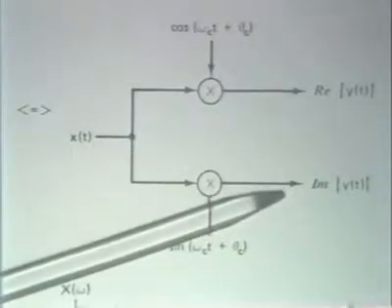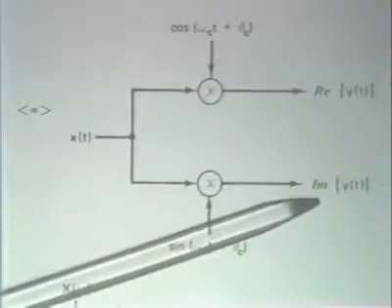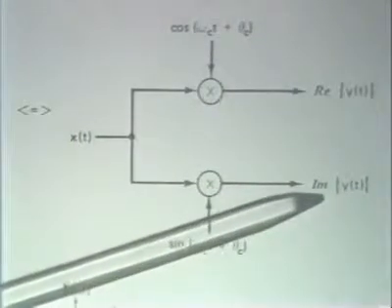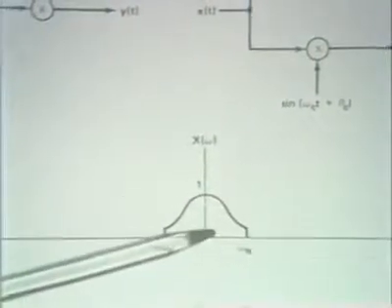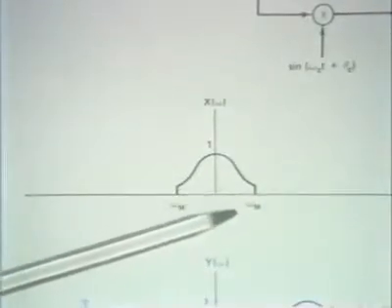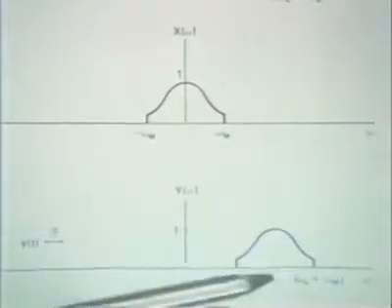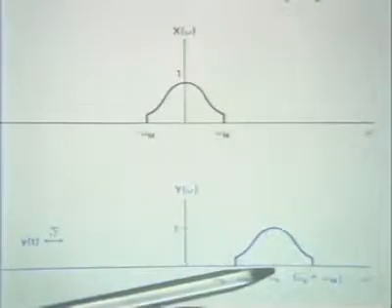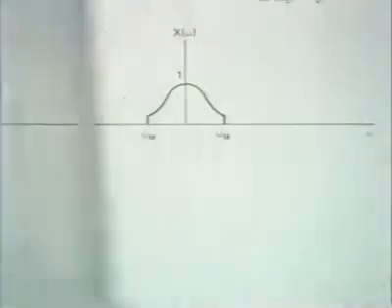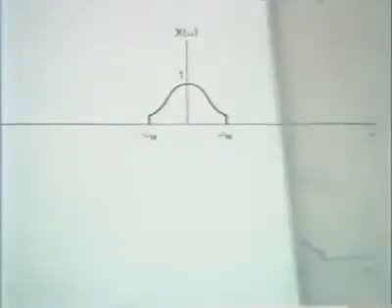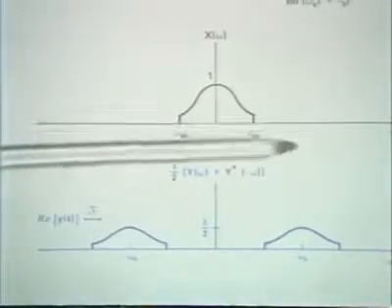And of course, if we look at the spectra involved, we have here the real part and the imaginary part of the complex output. If we again refer back to the original spectrum x sub omega and the modulated spectrum, which I show down here, the original spectrum shifted up to the carrier frequency, in effect, we're building this out of two lines, one line representing the real part of that, and the real part in the time domain corresponds to the even part in the frequency domain.